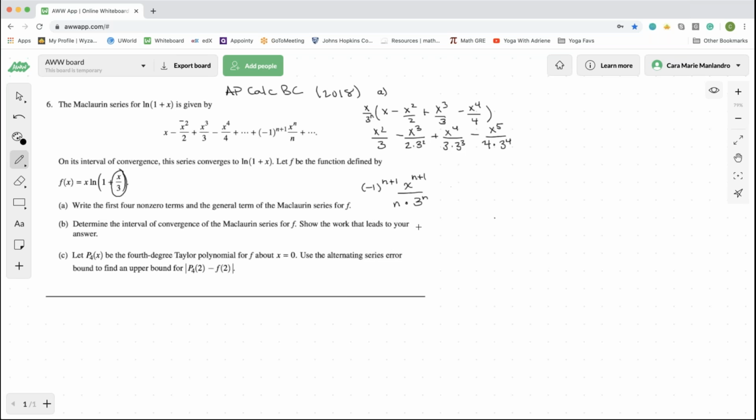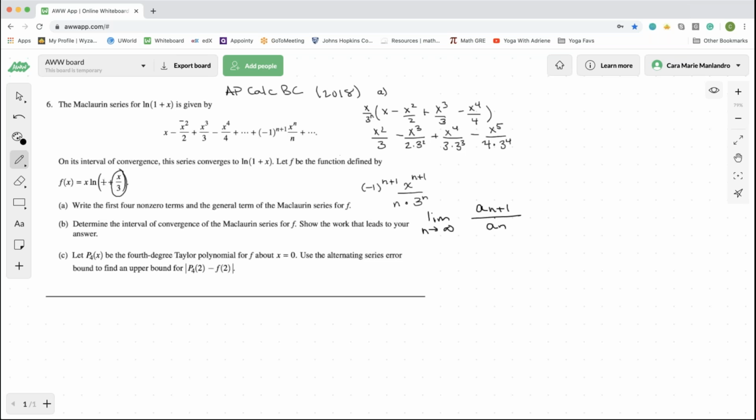One way is to take the limit as n approaches infinity of your general term, a sub n plus 1, divided by a sub n, and then do the work from there.